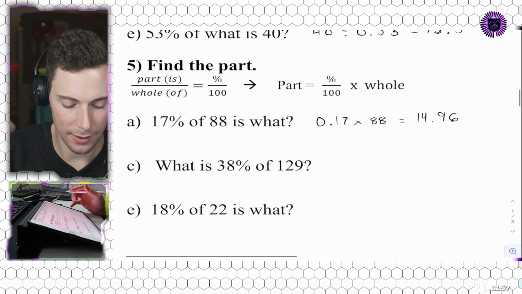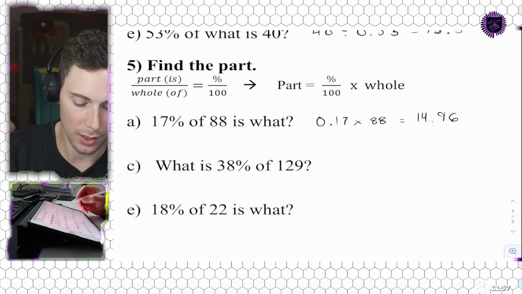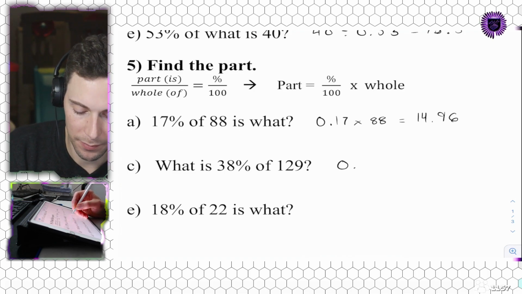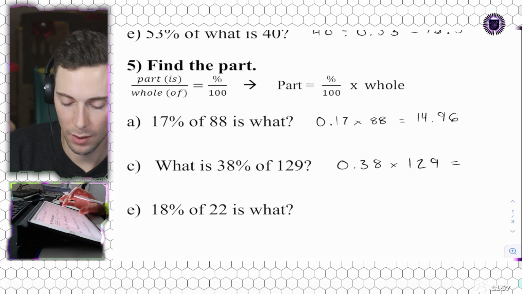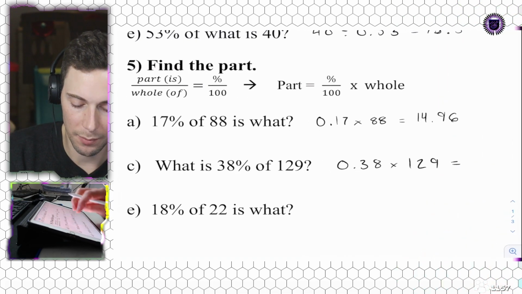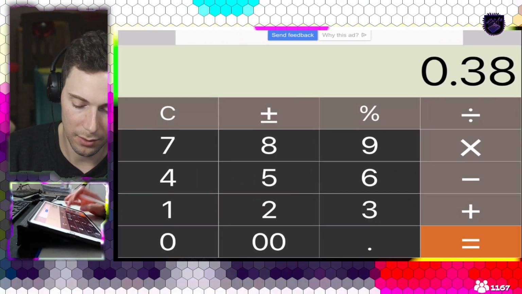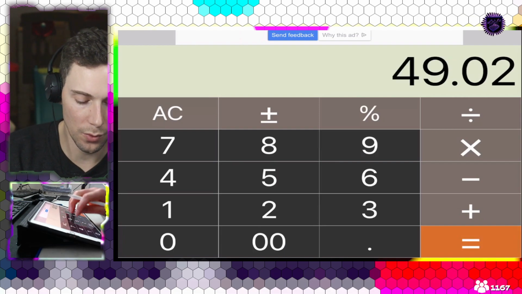What is 38% of 129? So 38% written as a decimal, 0.38 multiplied by 129. 0.38 times 129 equals 49.02.